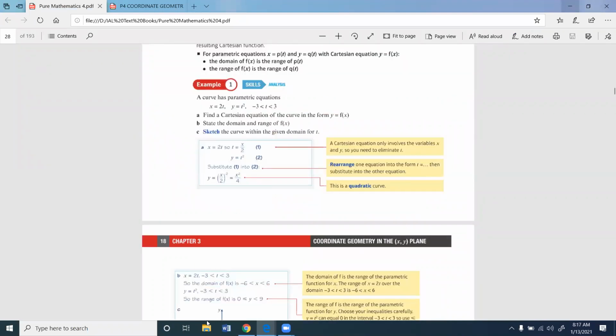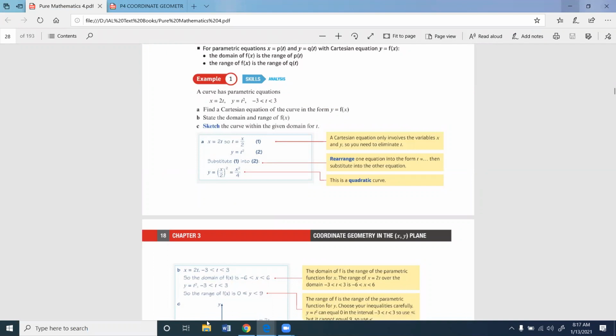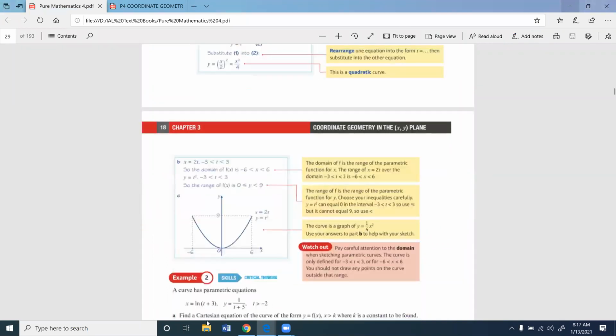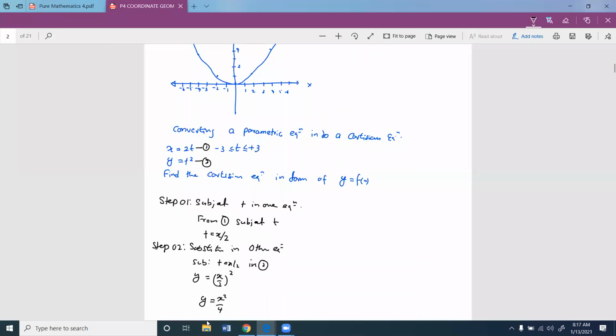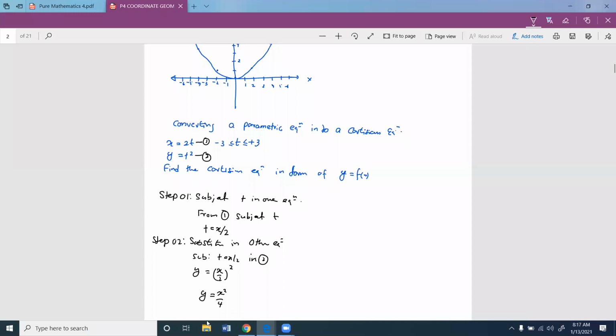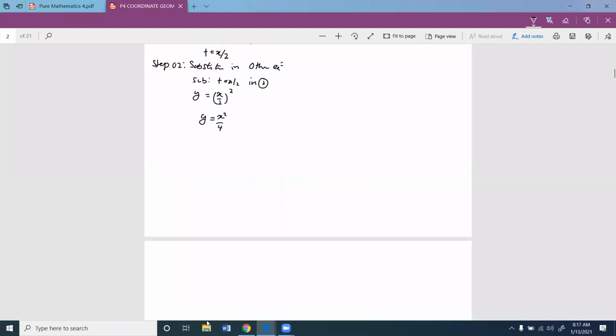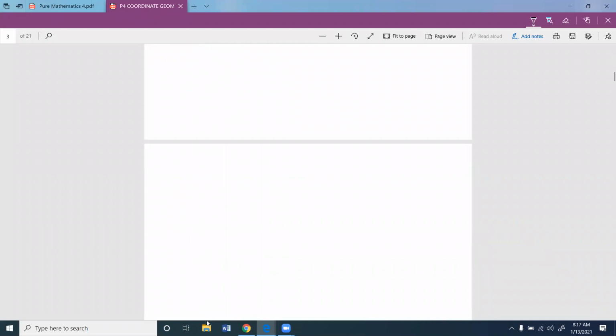Yeah. So this is kind of the same thing. This one: x equals ln t plus 3. So I'll get another example. x equals ln t plus 3.